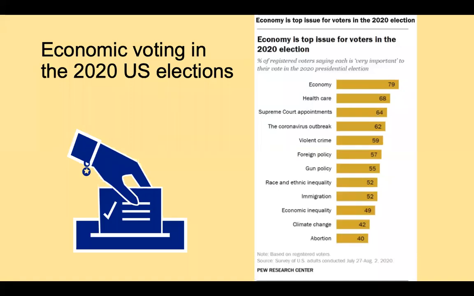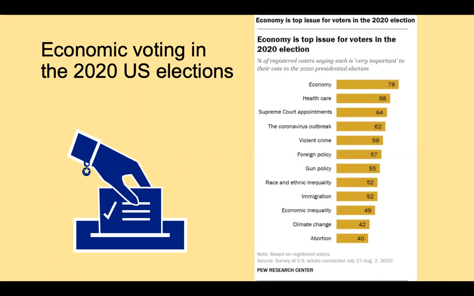And here's an example from just the most recent election, the 2020 presidential and legislative elections. The Pew Research Center found that the most important issue for voters in that election was the economy. Next was healthcare, Supreme Court appointments, and so on. And the economy took the lead by a relatively large measure. It wasn't even close. Most elections seem to show this pattern, although not all of them do.